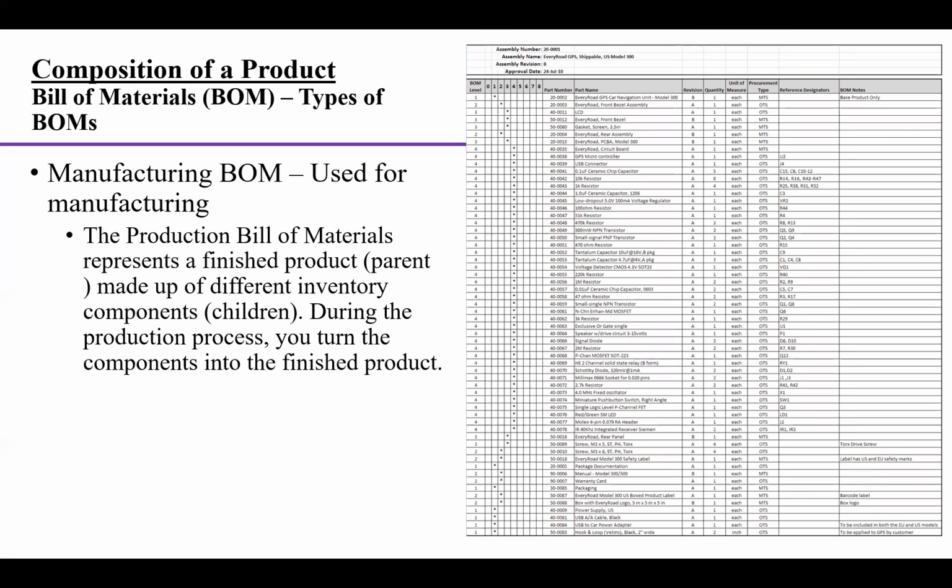And another type of BOM is a manufacturing BOM. Manufacturing BOM typically is used for the manufacturing itself, and it may contain several different pieces of information. For example, the quantity, the assemblies, and the level of the parts. So you know which component is actually a subcomponent of another system.